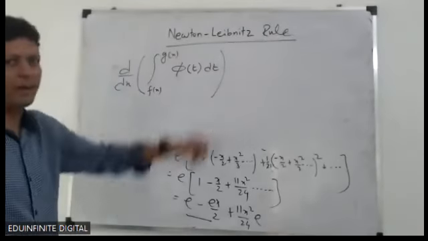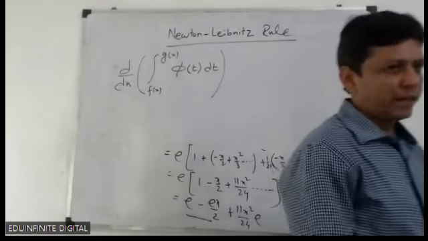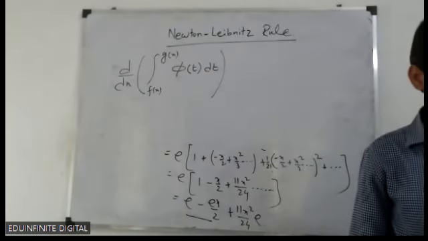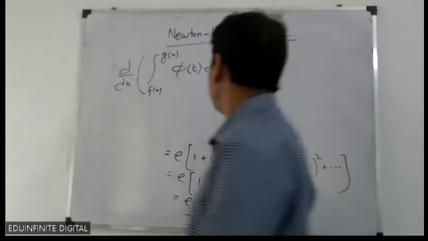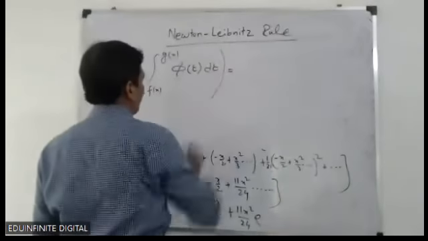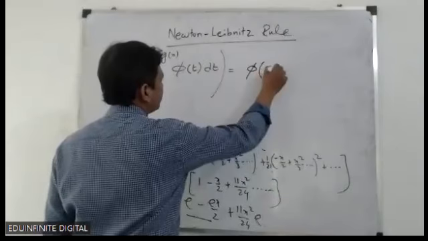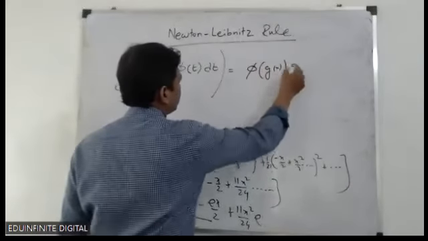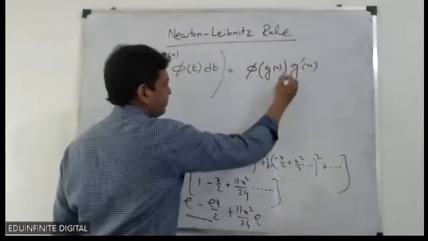Both of them are great mathematicians, and Newton is a great physicist also. But before that they were great mathematicians, and most of the calculus was developed by them. So what is the formula? This denotes the first derivative.